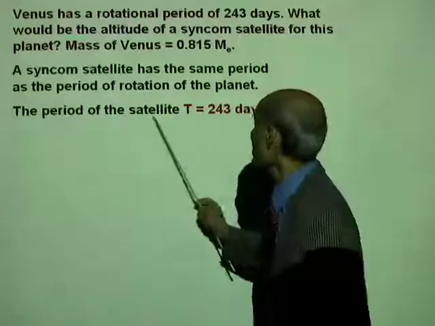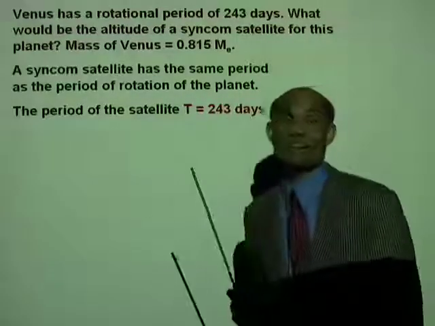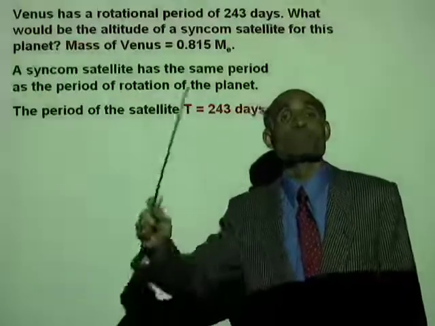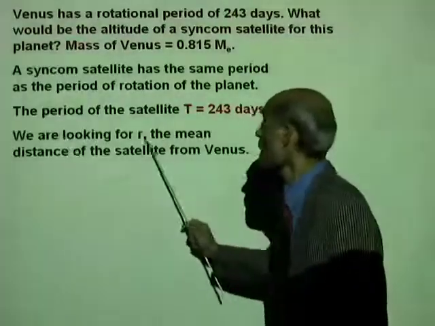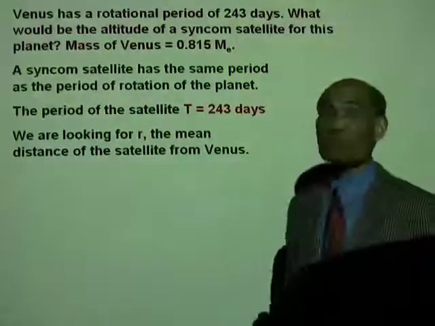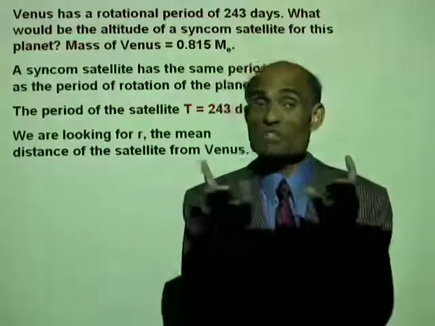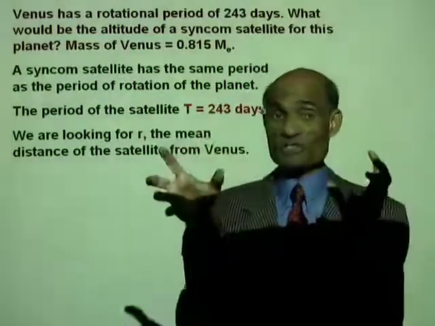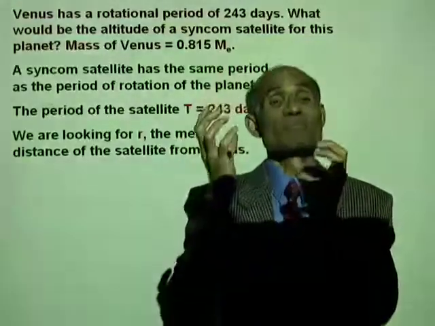Now the period of the satellite is 243 days. We are looking for R, the mean distance of the satellite from Venus. Don't confuse here, this is not the solar system. This is Venus and its satellite.